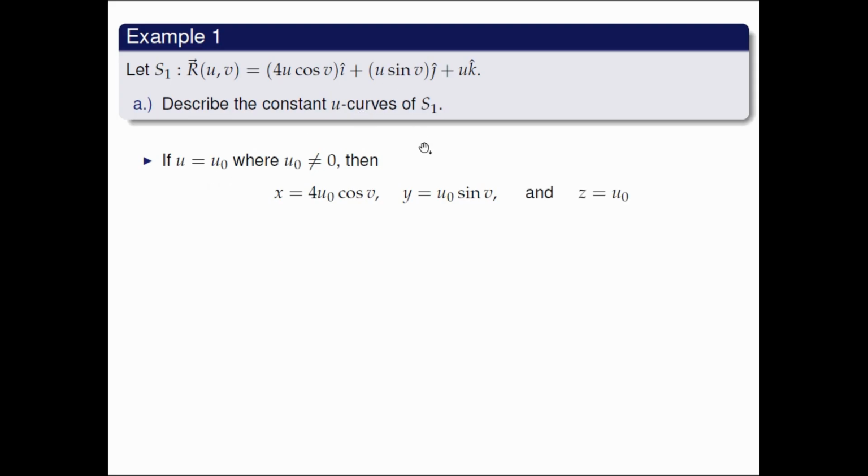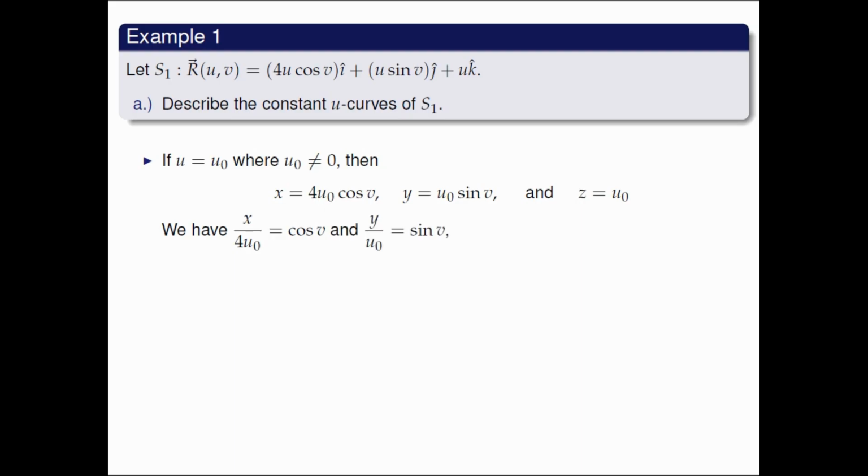And z equals u naught. Substitute u equals u naught doon sa z component. From the first equation here, we get x over 4u naught equals cosine v. And from the second equation, we get y over u naught equals sine v.